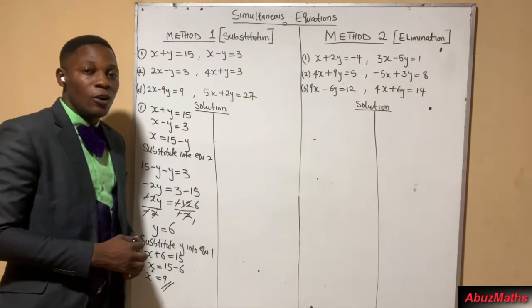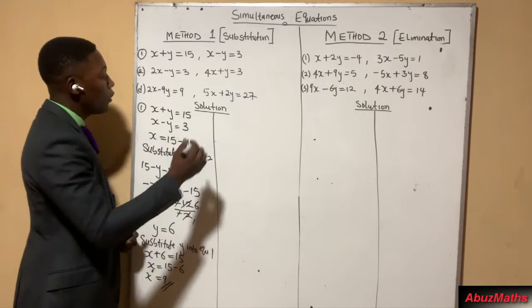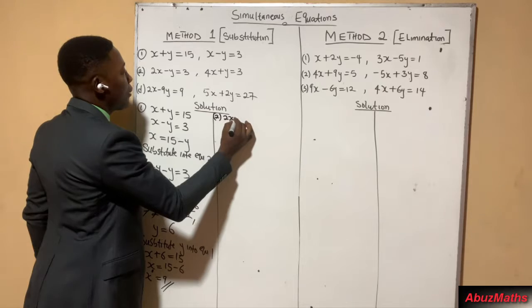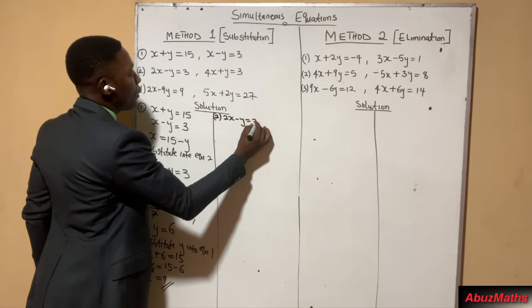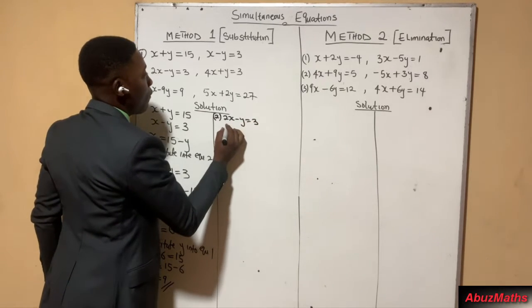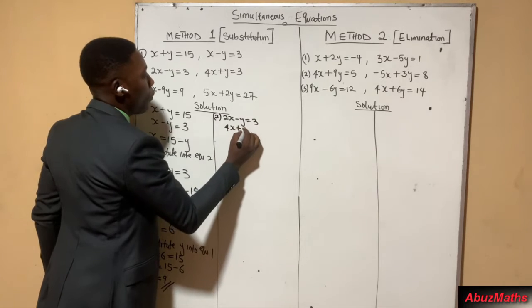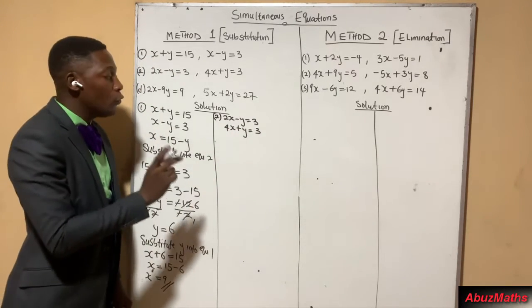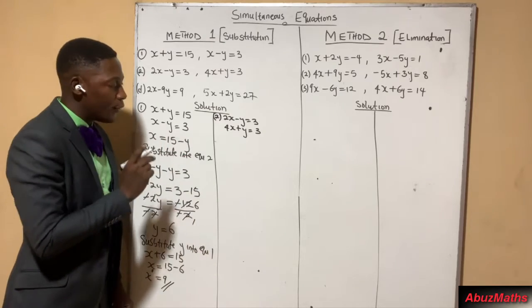Let's try the second question. Alright, so number 2, I'm asked to calculate for 2x minus y equal to 3 and 4x plus y is equal to 3 at the same time using the substitution method.